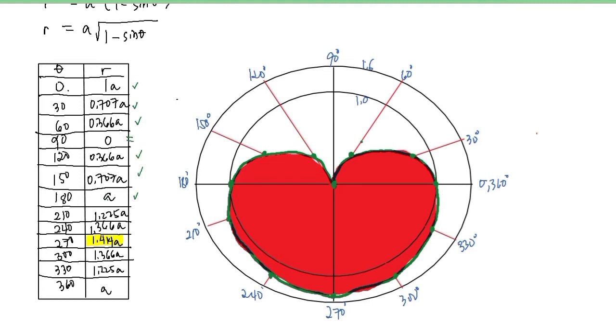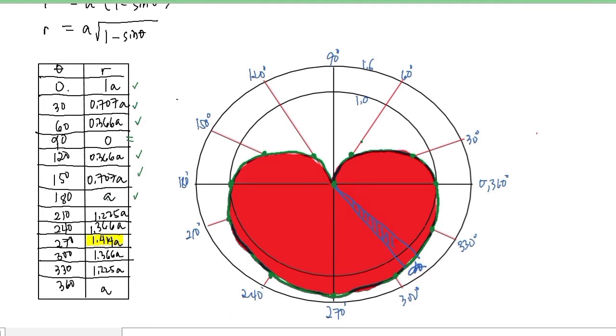Ngayon, ang gagawin natin ay kukuha tayo ng differential dito sa area ng ating cardioid. So, kukuha lang tayo ng differential, kukuha tayo ng sector. Ito ay merong angle na differential of theta.